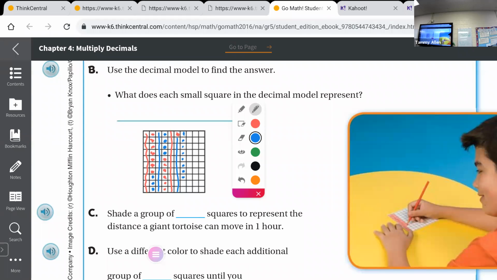Okay? Does that make sense? So we've now done 4 groups of 17 hundredths, right? And now we've done 4 times 17 hundredths, right? Does that make sense? 4 groups of 17 hundredths.